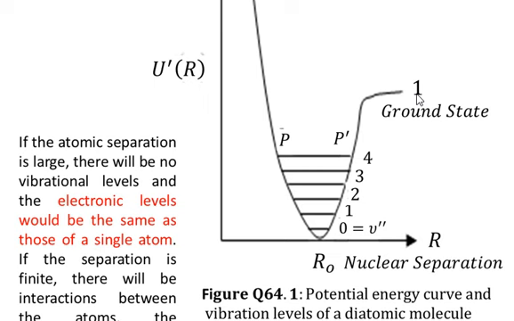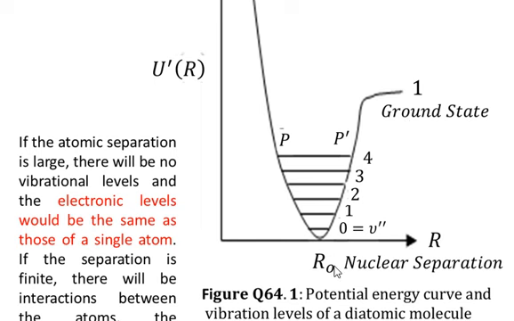Under that condition, the two atoms behave as if they are independent of each other, and the molecule will have electronic levels as if the individual atoms had them.